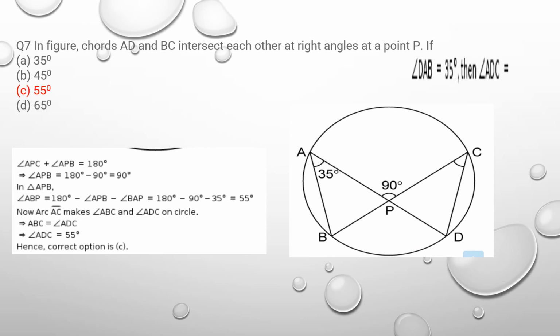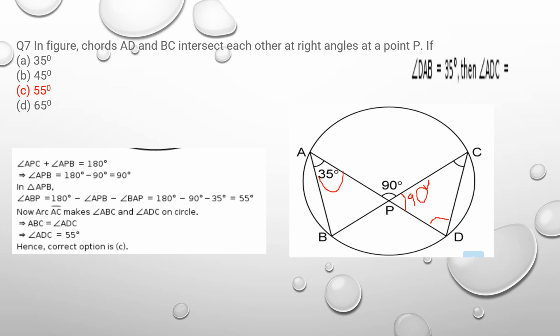Next question is, in figure, chords AD and BC intersect each other at right angles at point P. If angle DAB is 35 degree, then what will be the value of angle ADC? Again, this is a similar question. If this is 90, by linear pair property, the internal angle will also be of measure 90 degree.